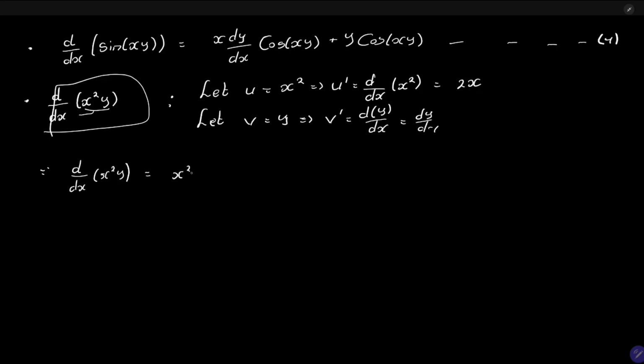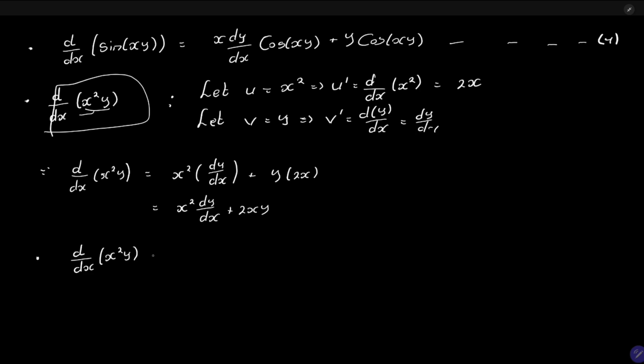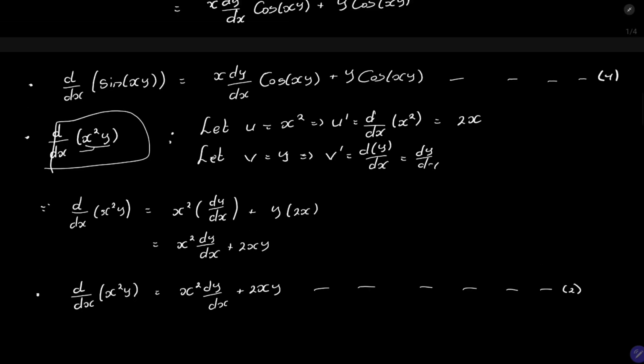What is our u? x squared times dv, dy on the x, plus v, which is y, times du, 2x, leaving us with x squared dy on the x plus 2xy. So we can then conclude that the derivative of our second term gives us x squared dy on the x plus 2xy. We call this equation 2.